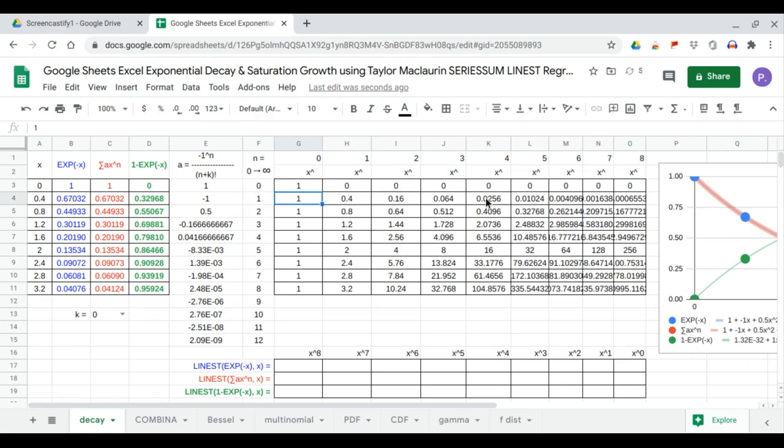Now that we have the 1 comma x matrix, we can enter the LINEST for the decaying function. So LINEST data y and data x. Enter. Likewise for the Taylor-Maclaurin series sum expansion, which is LINEST data y and data x.